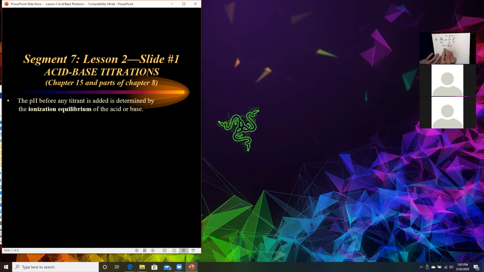You get X squared is equal to C0 minus X times Ka. And then X is equal to the square root of C0 minus X times Ka. This allows us to do successive approximations so that I can always solve for the initial concentration. So before any base is added, this is how you would get the pH.